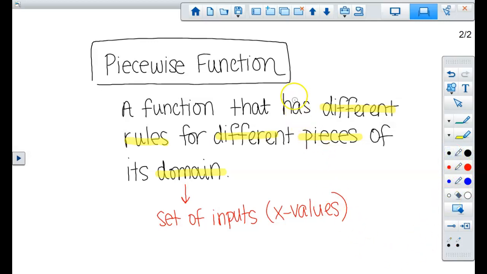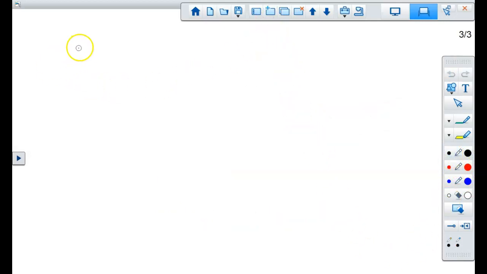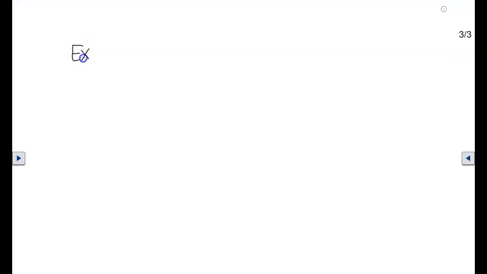All right, so let me give you an example. A piecewise function is going to start out the way all functions do, with f of x or g of x, that function notation. So this says a function of x equals. Now here's where things will be kind of a departure from what we've been used to seeing. You're going to see a brace.